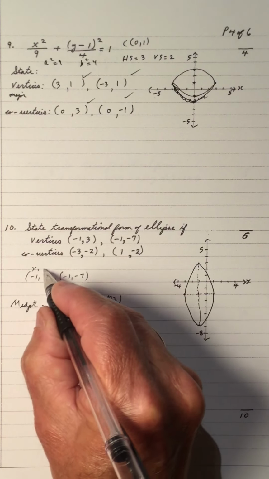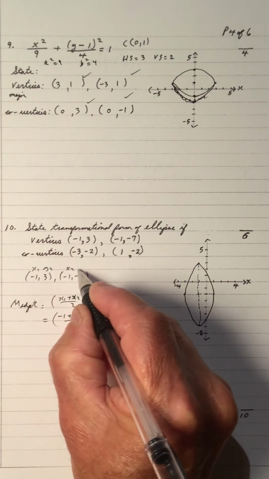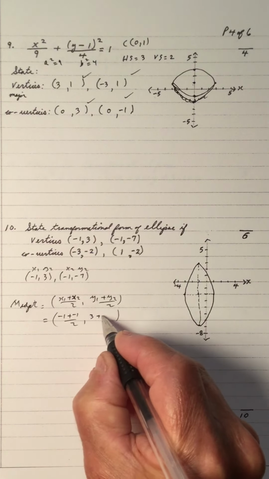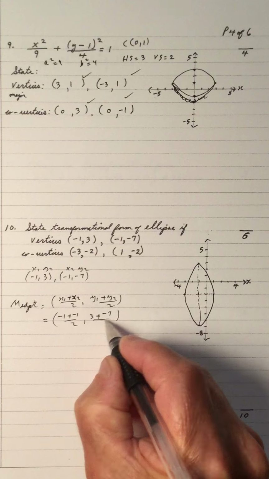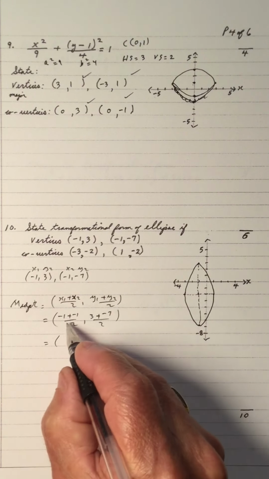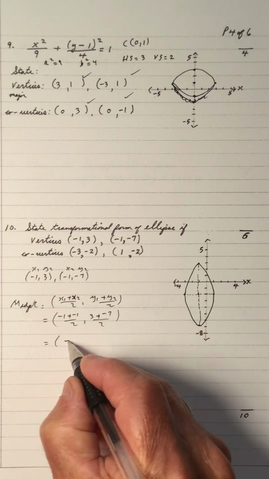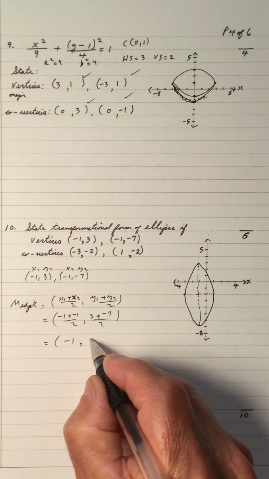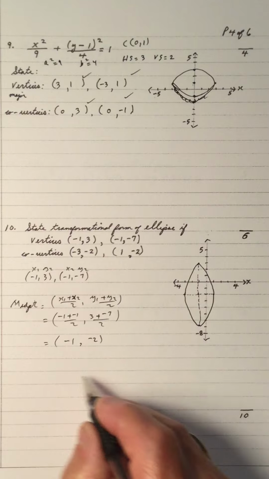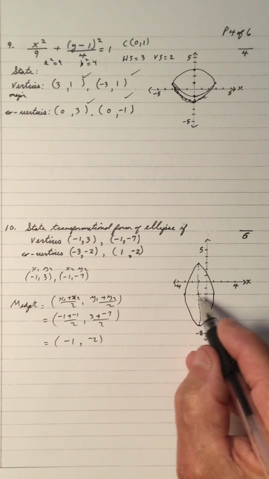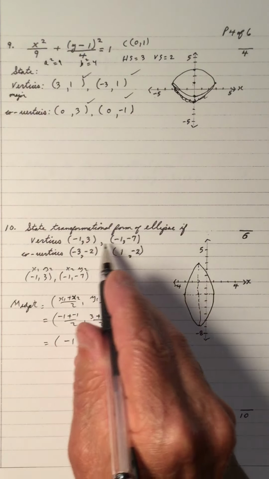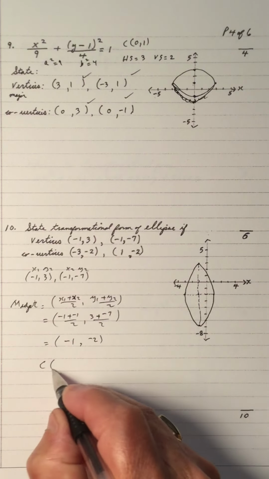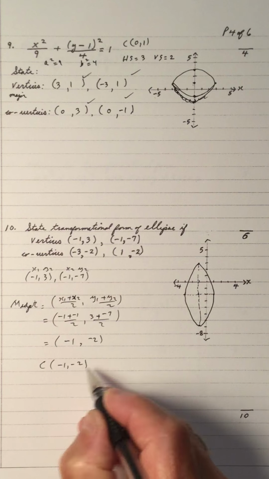This is x1, y1, x2, y2, and we have 3 plus negative 7 over 2, and that's negative 2 over 2, which is negative 1. That's negative 4 over 2, which is negative 2. So that's the midpoint of the vertices, or the midpoint of the co-vertices. There's the midpoint. So the center is negative 1, negative 2.